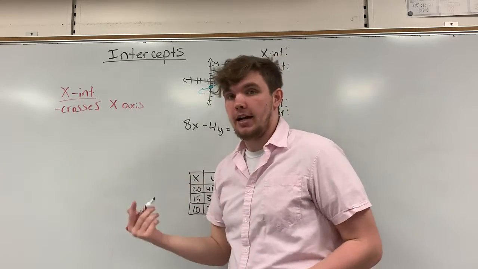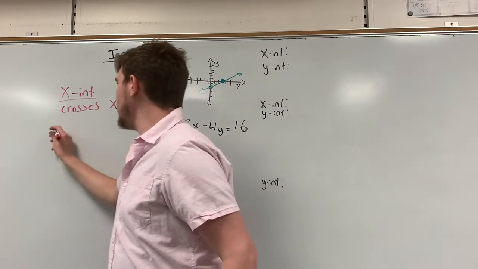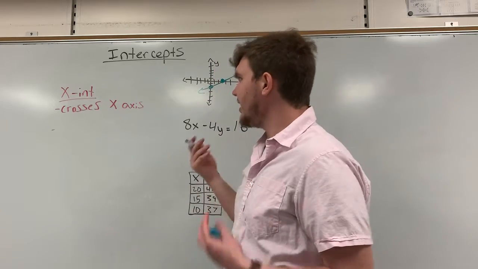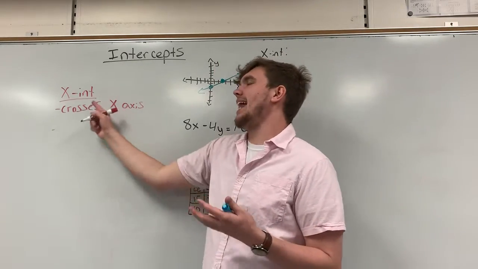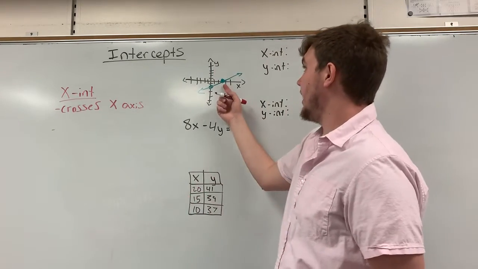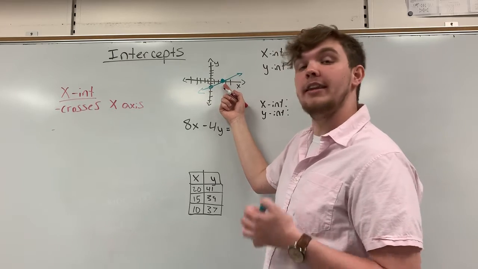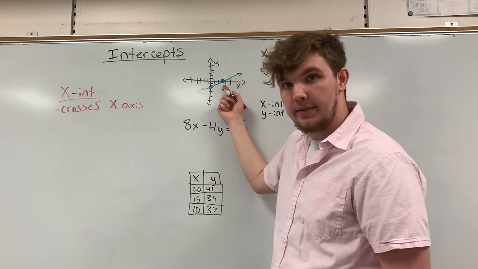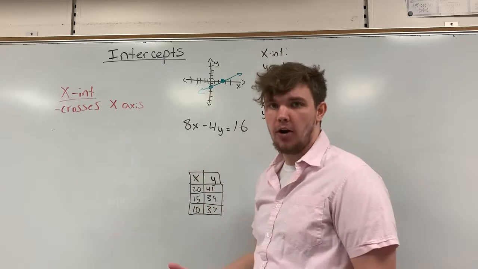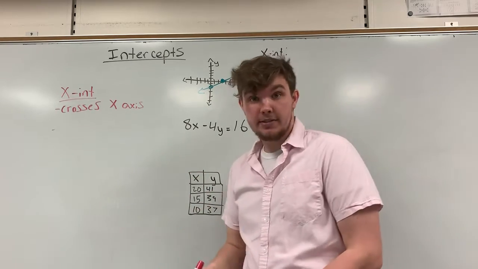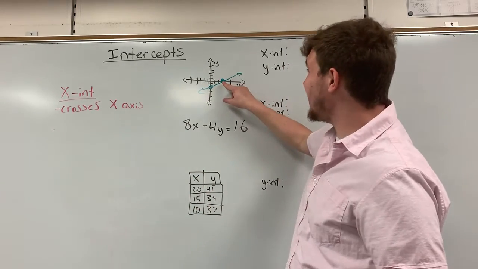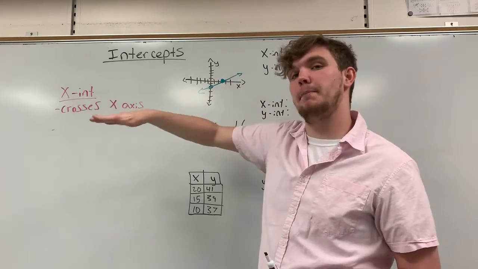Another characteristic I would like to point out, and probably the biggest one, is the fact that at an x-intercept, at this x-intercept right here, the value of y is always 0, right? And why is that so? Well, the x-intercept is kind of like right in the middle of the graph.